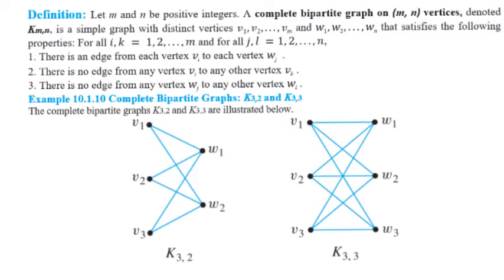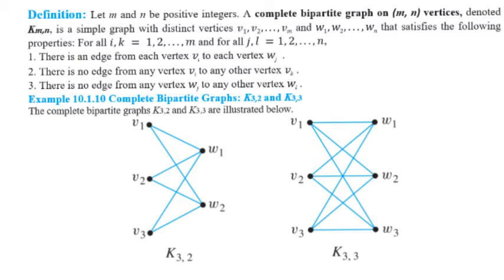Here we define another type of simple graph, which is a complete bipartite graph. Let m and n be two positive integers.